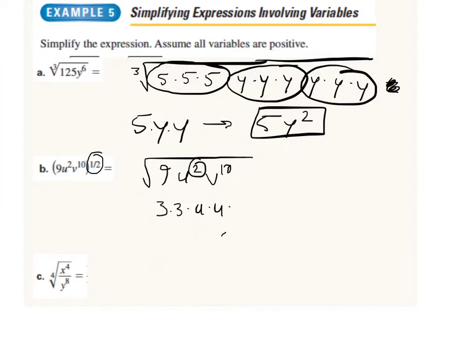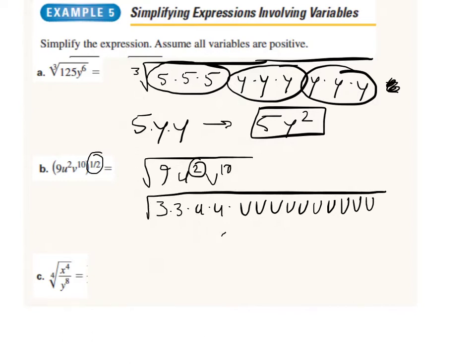Now v to the 10th I could write out: 1, 2, 3, 4, 5, 6, 7, 8, 9, 10. And I say, alright, square root of all that. Well, we've got one group there, pull out the 3. One group there, pull out the u. 3 times u, times. We've got 1 pair, 2 pair, 3 pair, 4 pair, 5 pairs of 2 v's.